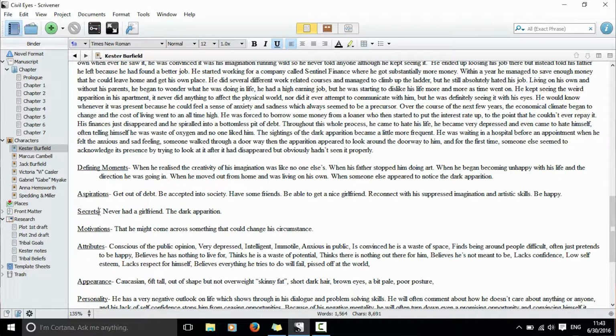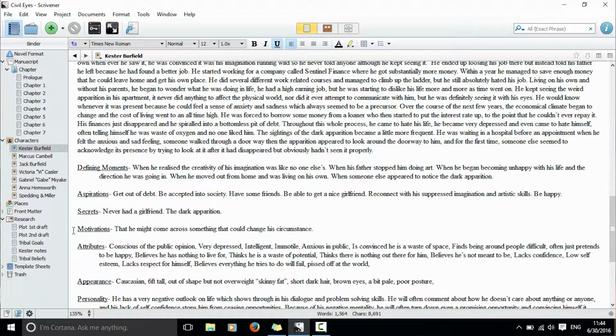His secrets are he's never had a girlfriend, and there's this dark apparition thing that he keeps seeing that he doesn't know what it is. Not all characters have to have secrets. Don't feel compelled that every character you create has to have a secret, because they don't. This character does, because he's the main character, and most main characters have some form of secret.